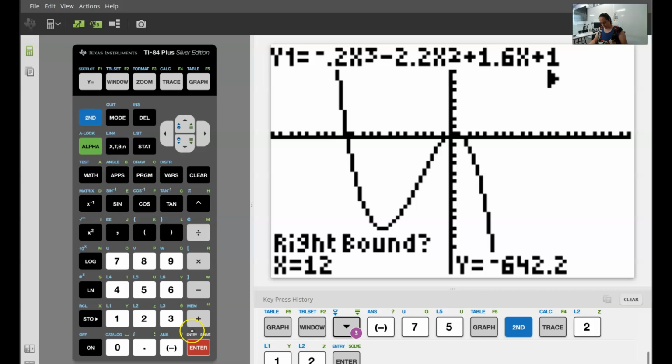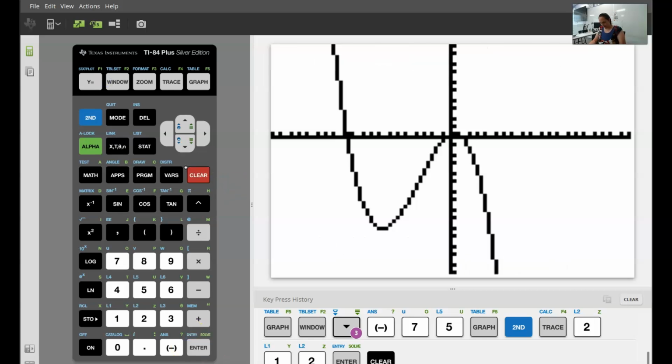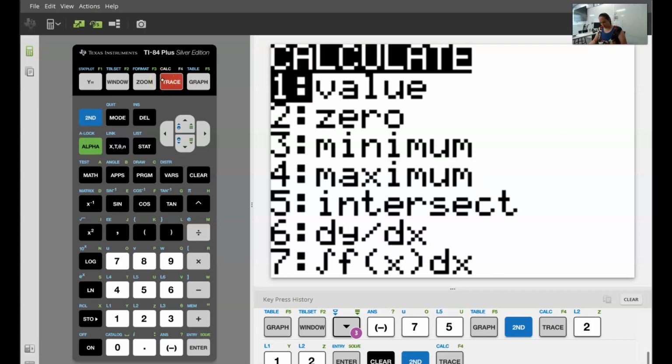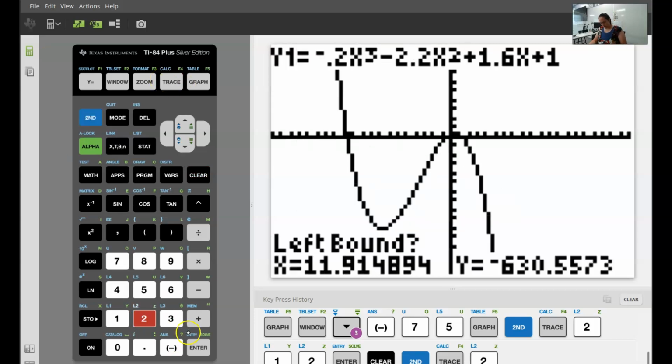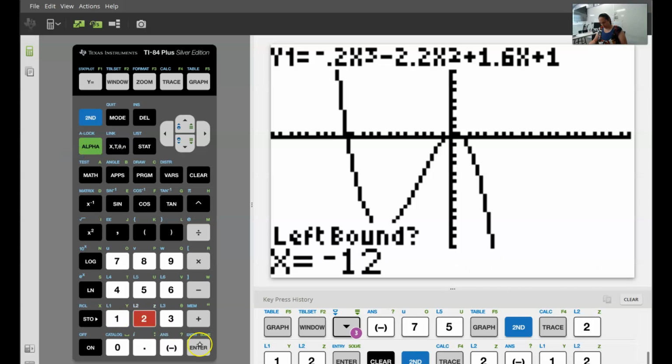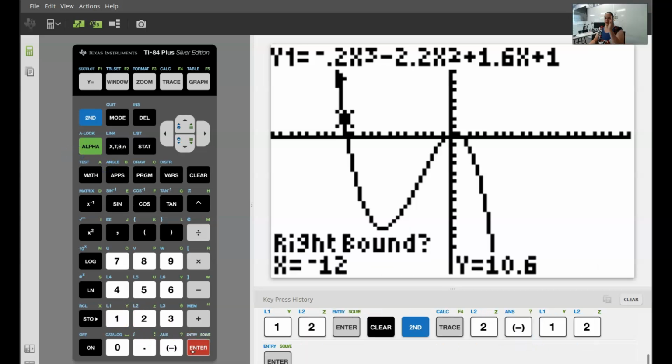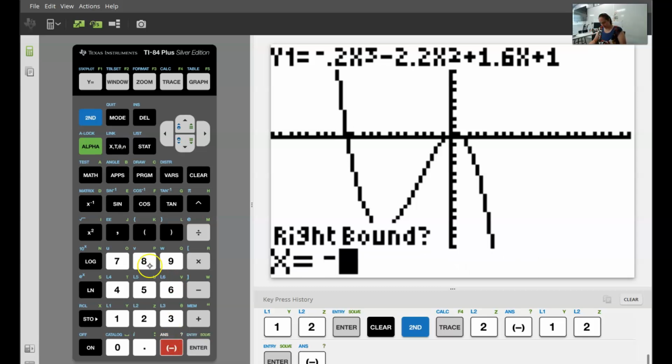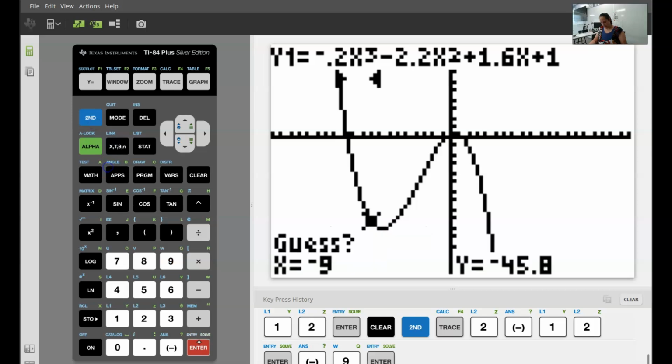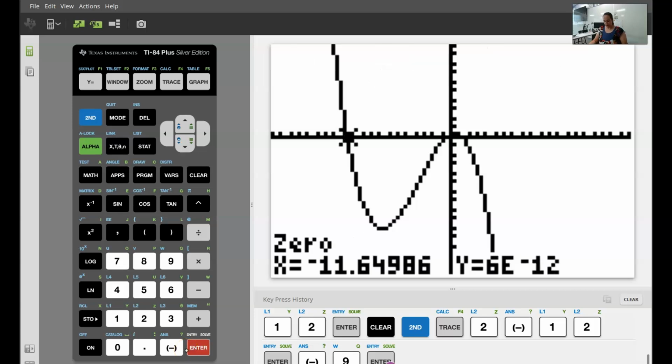Oops, negative 12. I did that wrong. Here, let's clear that and try again. Second trace, 0. Negative 12 is definitely left of that 0, and negative 9 is definitely right of that 0. And I can guess if I want, otherwise just push enter again, and there's that 0 right there, negative 11.649.